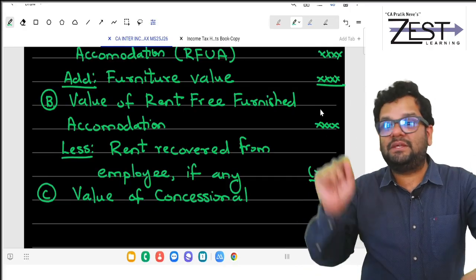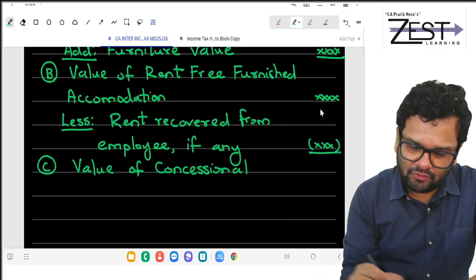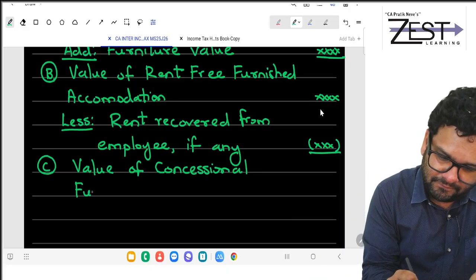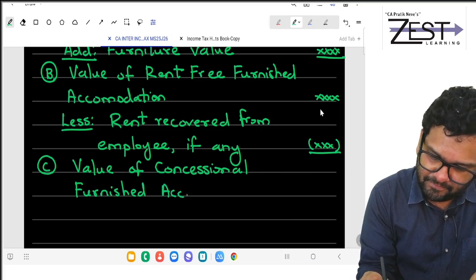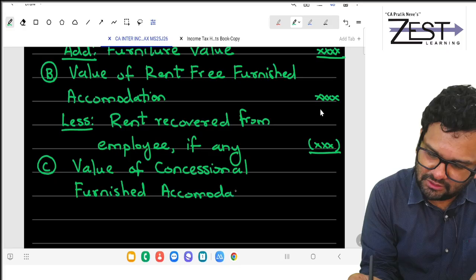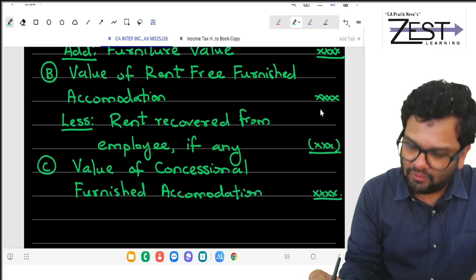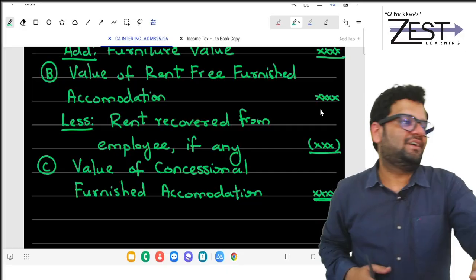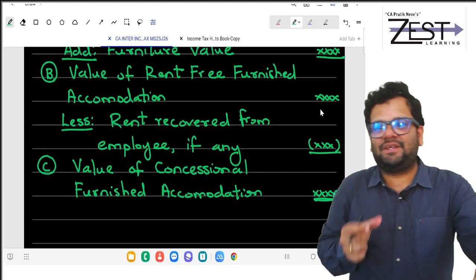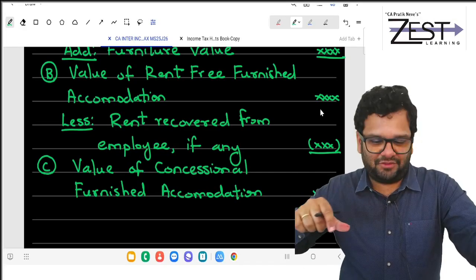So value of concessional furnished accommodation, but how is it B step? Already you have added furniture. That's it. But friends, one step is still pending. One variation is pending. What variation is pending? Concessional unfurnished.